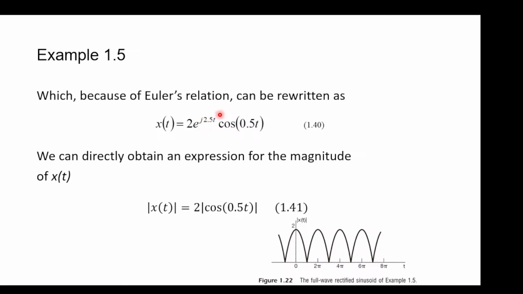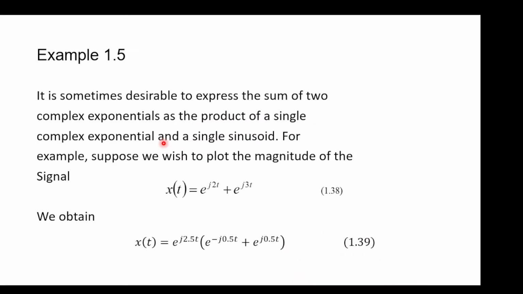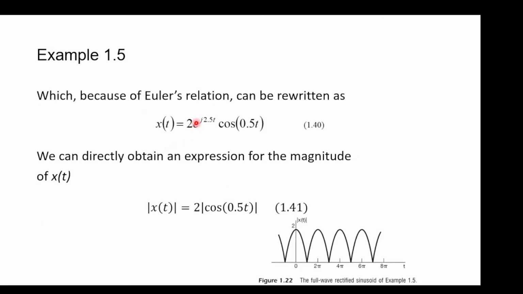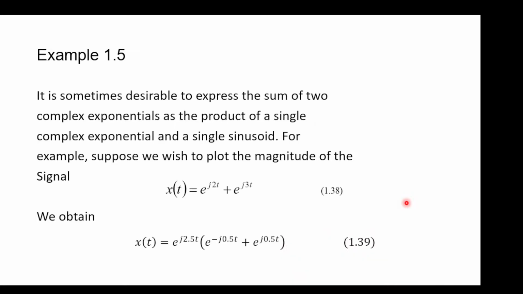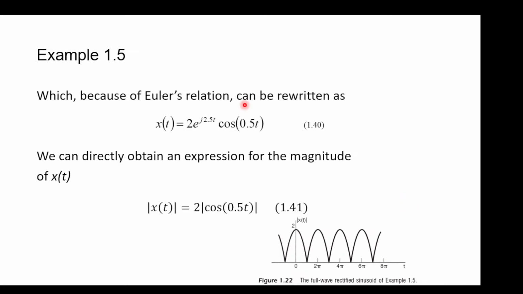And then we have another complex exponential part, e to the j 2.5t. If we take the magnitude of this whole thing, then we see that this e to the j 2.5t has a magnitude of 1, and the magnitude of the rest is just the magnitude of cosine 0.5t, so it will look like this.